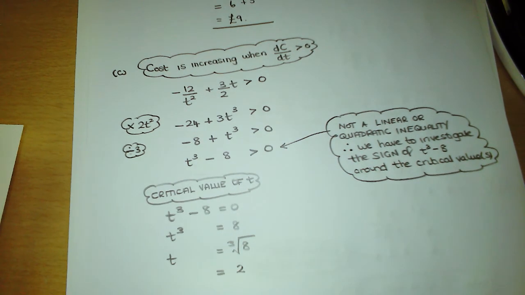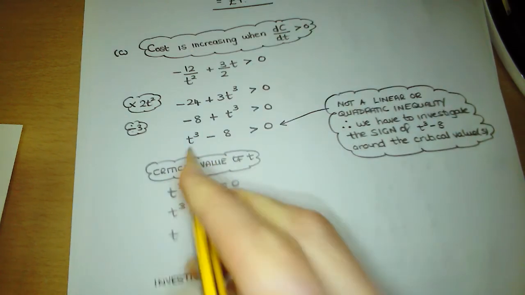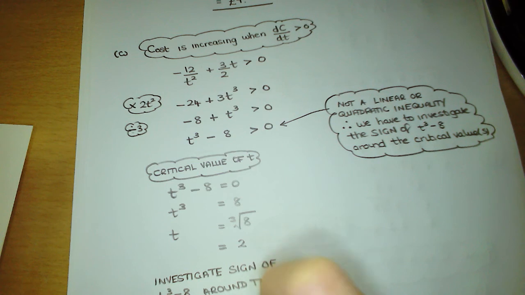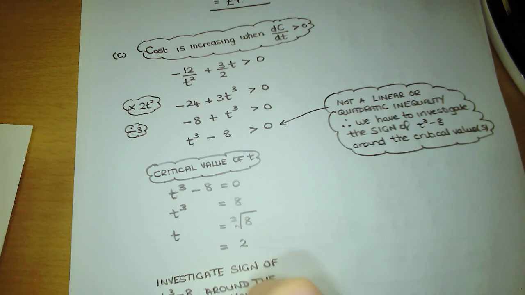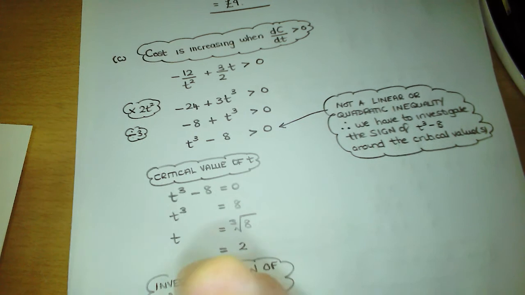So we're now going to investigate the sign of t cubed minus 8 around the critical value. So we're going to rule a table.